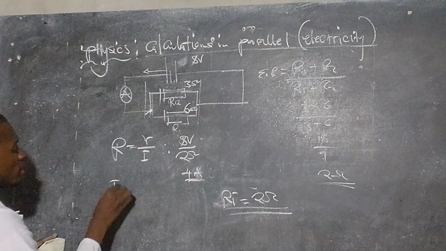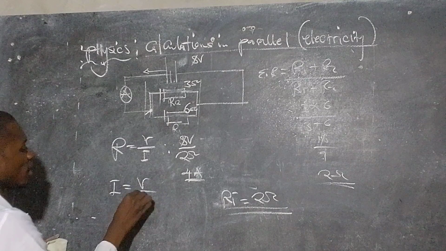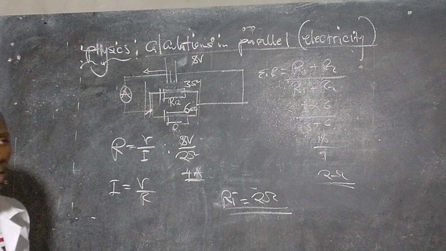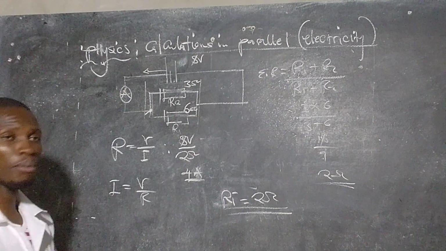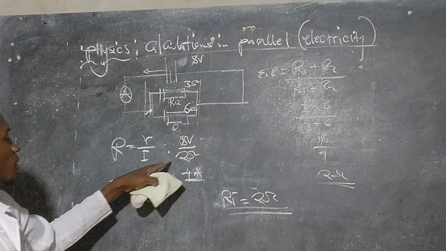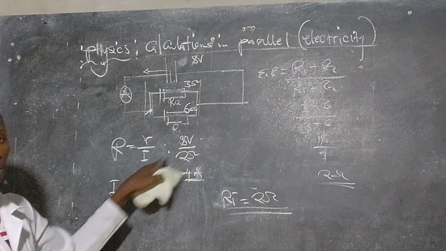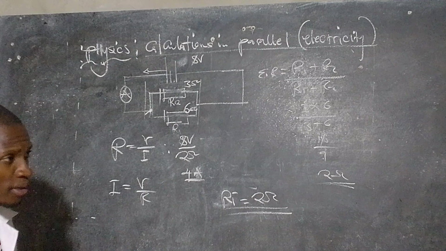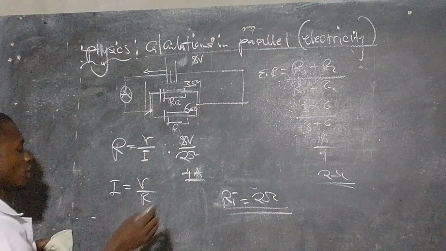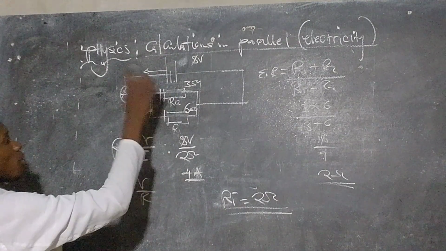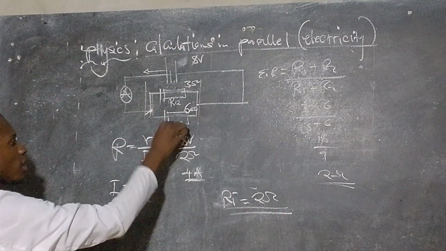Therefore, current is equal to voltage over resistance. Remember, whenever I'm making the subject of the formula, when you have an equation like this one, these two just interchange and you maintain the number or the letter on top without being changed. So current 1 with this resistor 1 here.